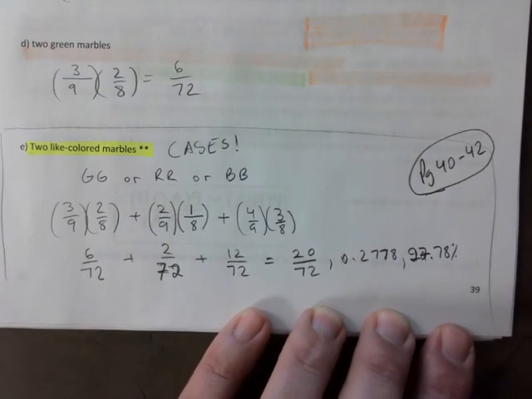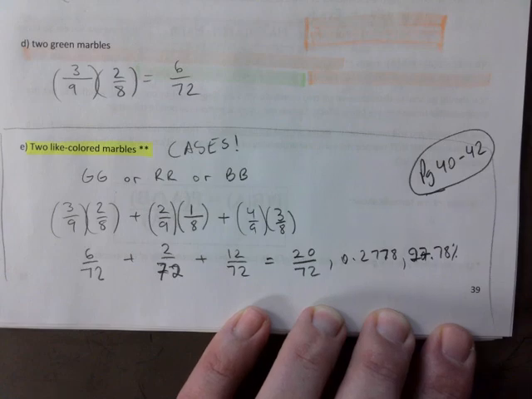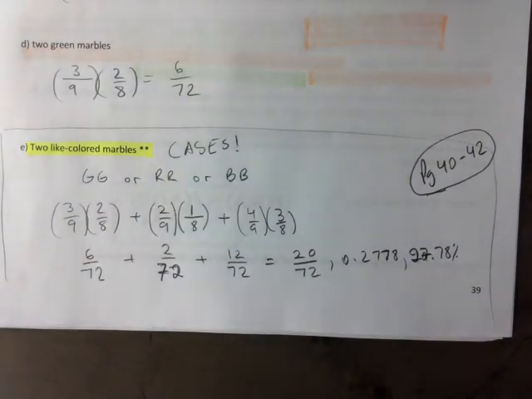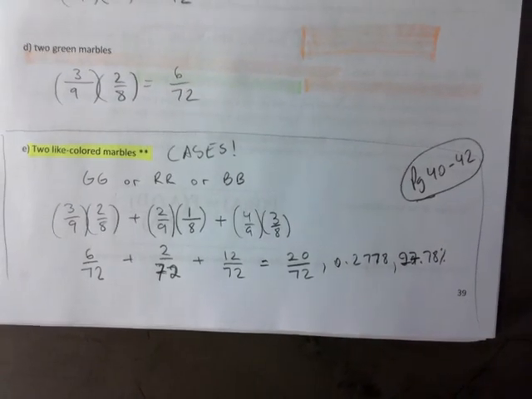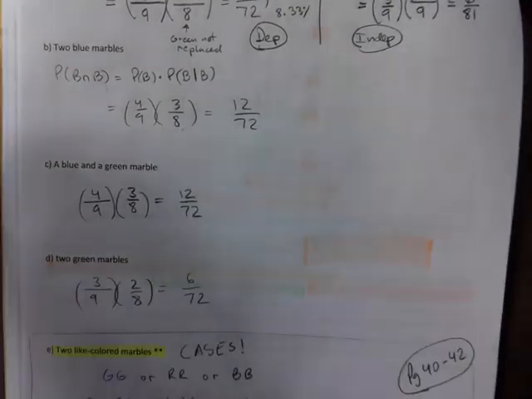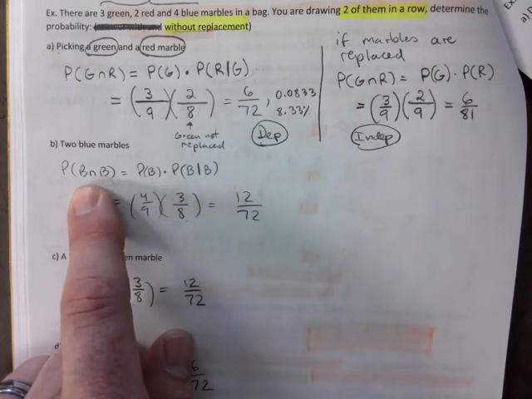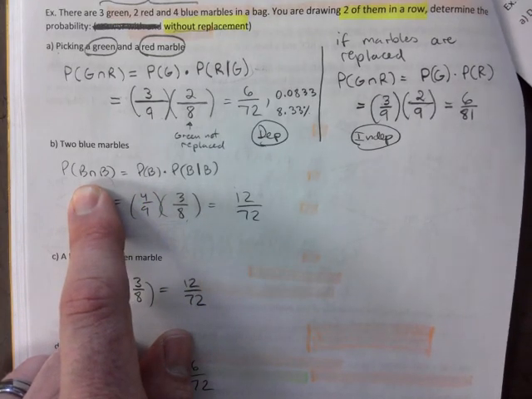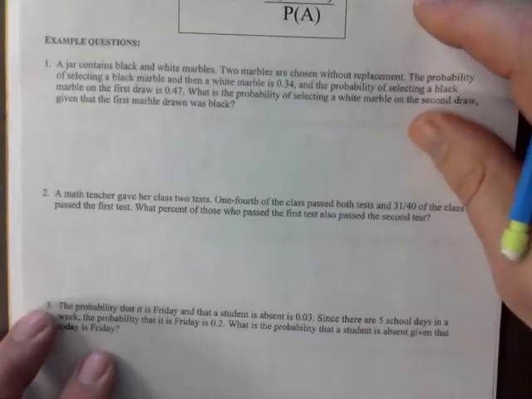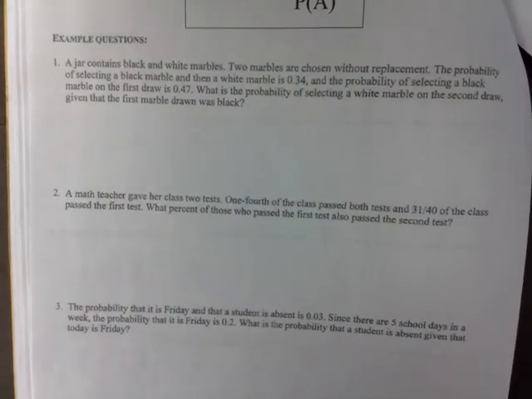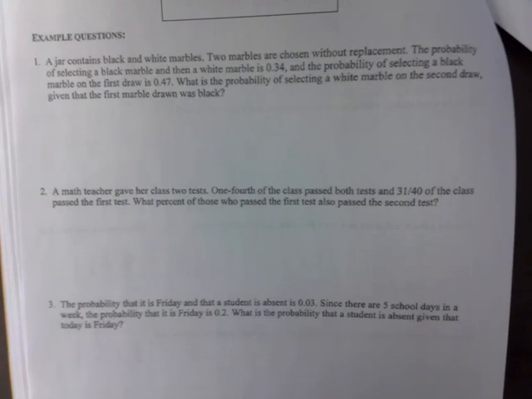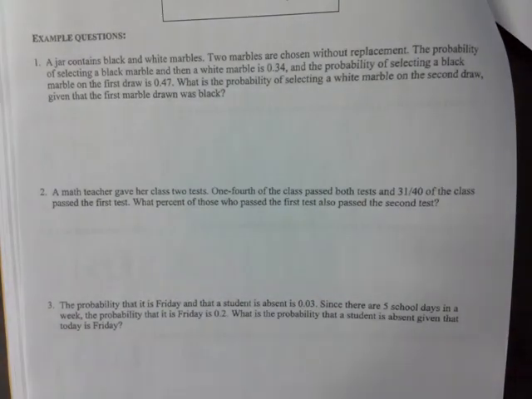If you get stuck on 41, listen carefully, you're using this formula and working backwards. So maybe, I thought you were going to stop, Mr. Dirksen. I thought so too. Let's go to 41 just in case.